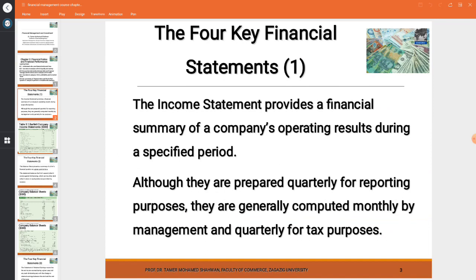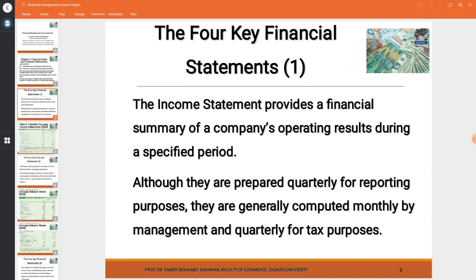Before we study the financial ratios, there is a need to explain where we could get the data and information required for our analysis. Actually, for any business organization, particularly those listed in the financial market, we have four key financial statements.